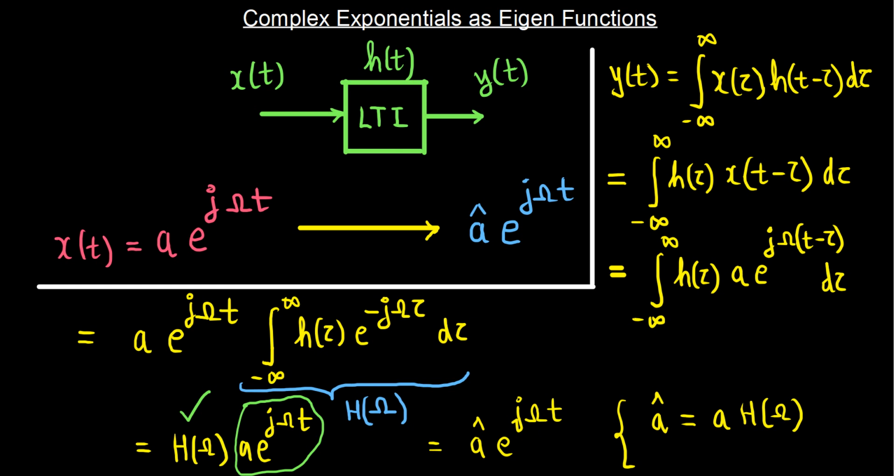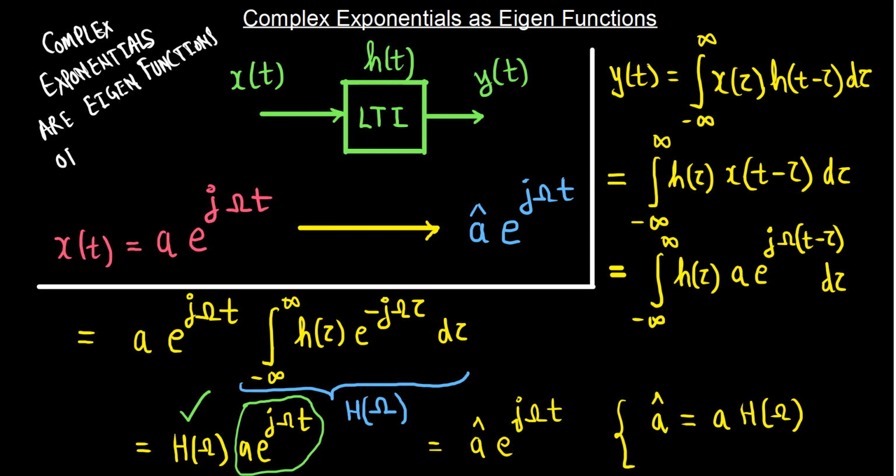This property of complex exponential is called the Eigenfunction property. So let me write that. This means that complex exponentials are Eigenfunctions of LTI systems.